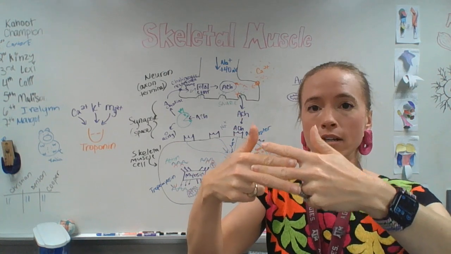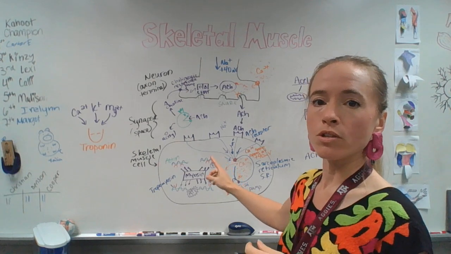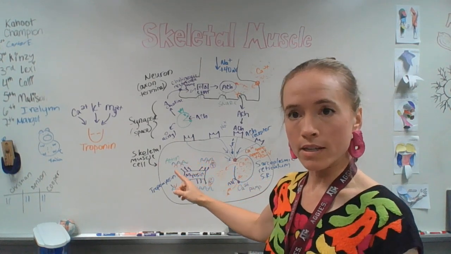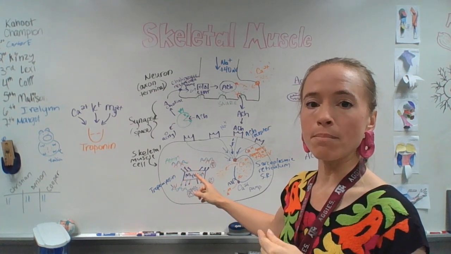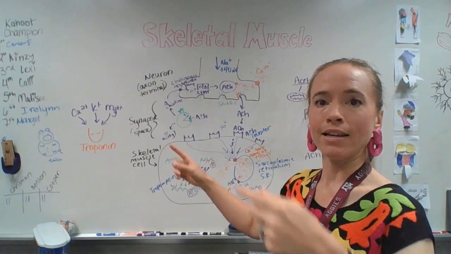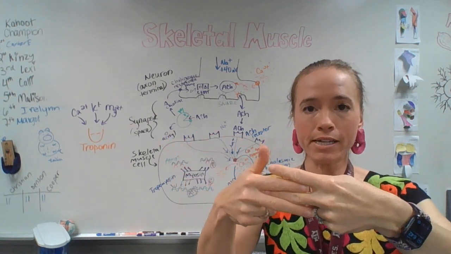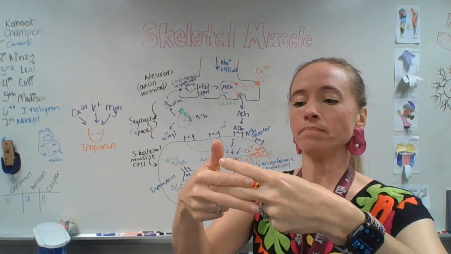All right, so I'm going to say that again. The calcium binds to the troponin, which moves the tropomyosin so that the myosin heads can bind to the actin and pull the filaments together. And that requires ATP, that is contraction. The whole muscle gets shorter and thicker.